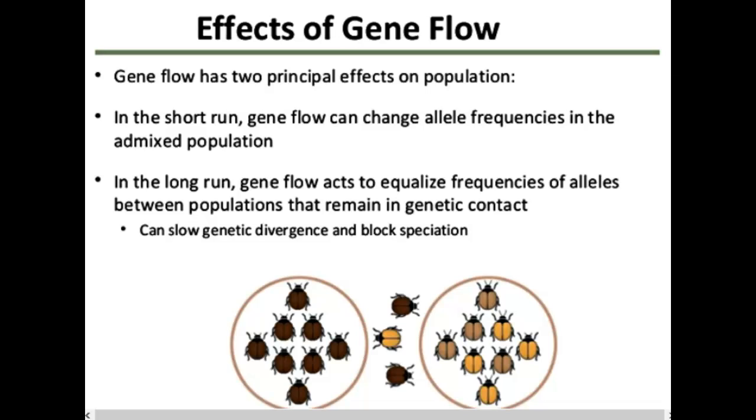In the short run, gene flow can change allele frequencies in the mixing population. In the long run, if this takes place over a period of time, both these populations are going to become more similar. So the populations are going to become the same. So it's going to slow down genetic divergence, and speciation, because the allele frequencies are going to become the same between both populations.